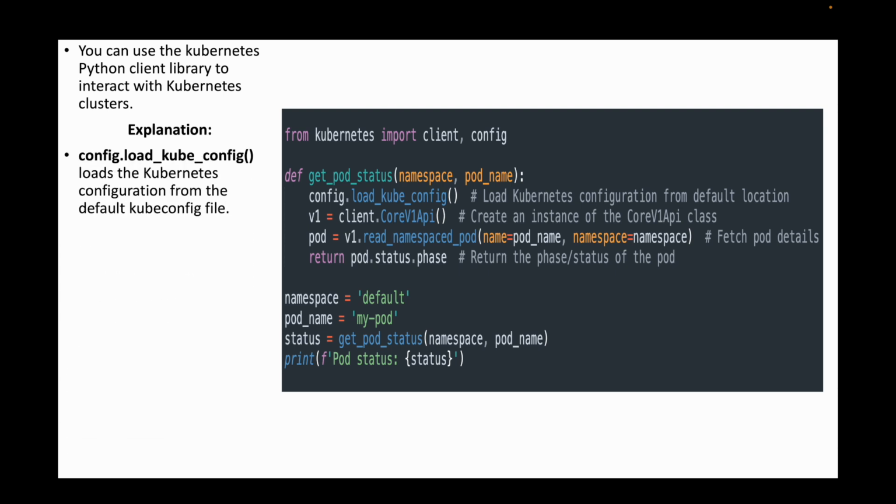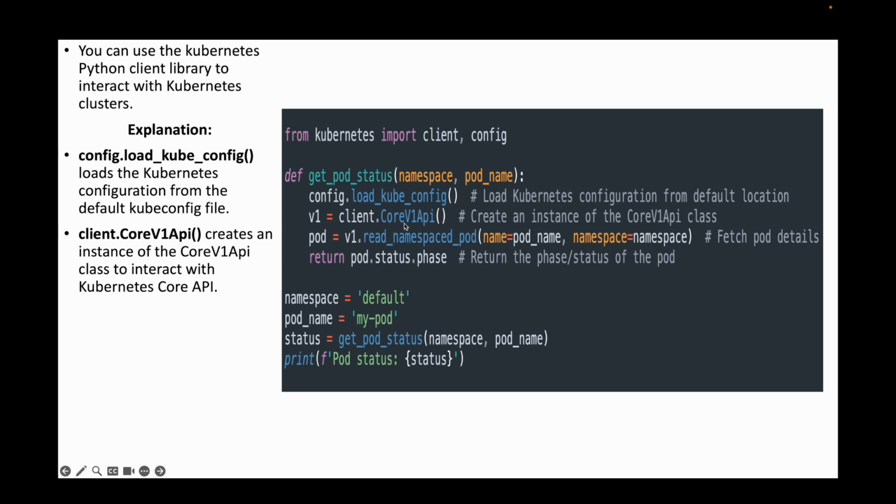So for this, essentially what we are doing here is we're using this config.load kubeconfig, which will load the configuration file of the Kubernetes, basically the kubeconfig file. Then we have the client.core v1 API, which creates an instance to the core v1 API class to interact with the Kubernetes core API.